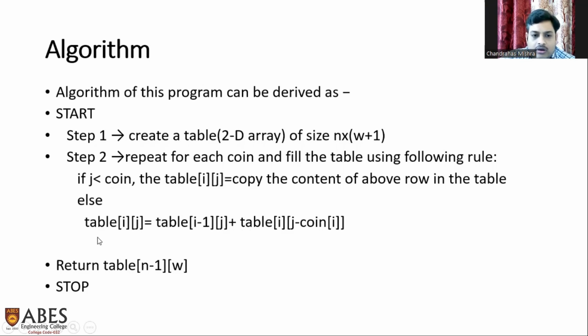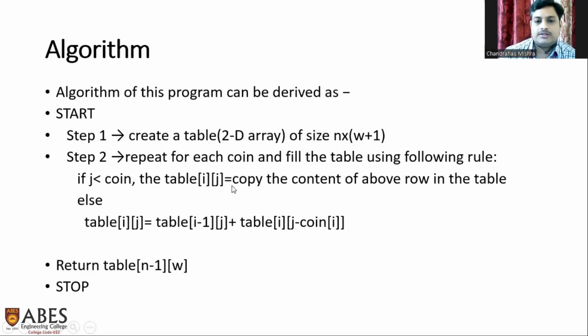Otherwise, the value of table[i][j] will be the value of table[i-1][j], the upper row of the same column, plus the value in the same row at j minus coin[i]. We subtract the coin value from j and look at that location. After filling up the table, we'll return table[n-1][w]. This is the last cell of the 2D array, and that will be the result of this problem.